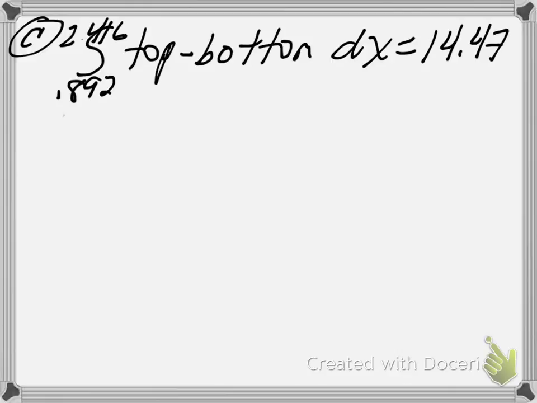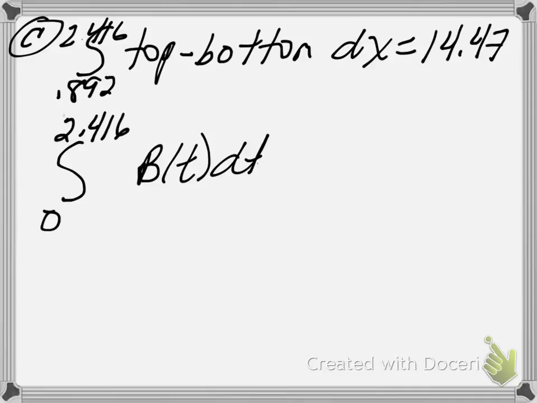So if you want to know how much water is in tank B, that means that you're going to say, go from 0 to 2.416 of B of t dt. Okay, and normally we would have to add some value of what we started with, but we started with 0, so we do not have to worry about that. Okay, so the question is, what do these two things have to do with anything?